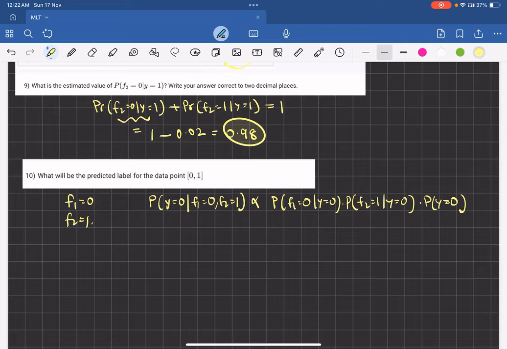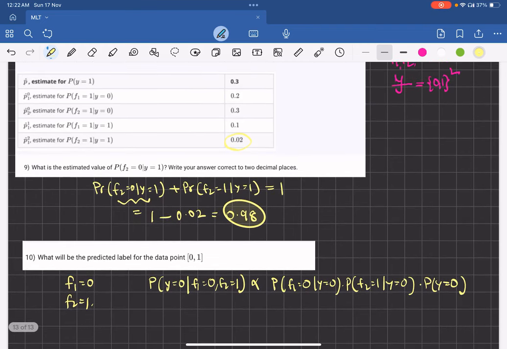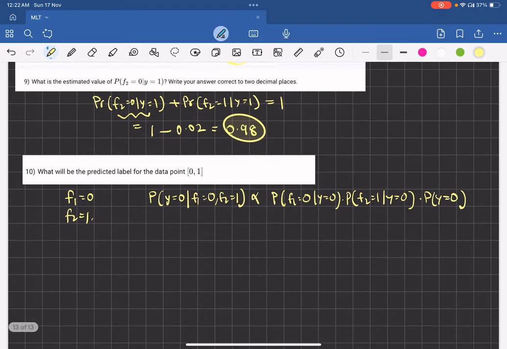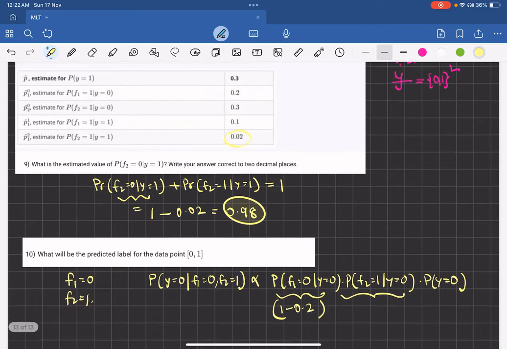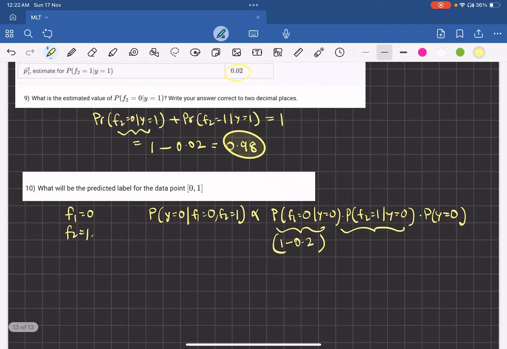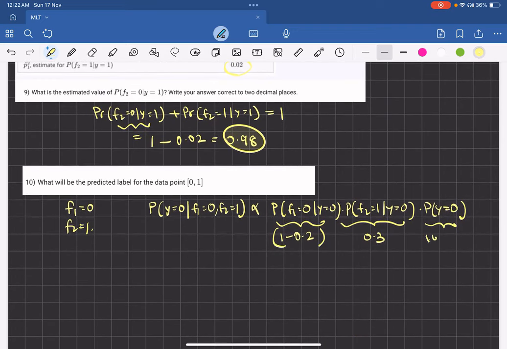Okay. Now we have these values, right? So the first one would be f1 equal to 0 given y equal to 0. That would be 1 minus 0.2. So this is 1 minus 0.2. Okay. What is this next one? This would be 0.3. And probability y equal to 0 is given to be 1 minus 0.3, which is 0.7.